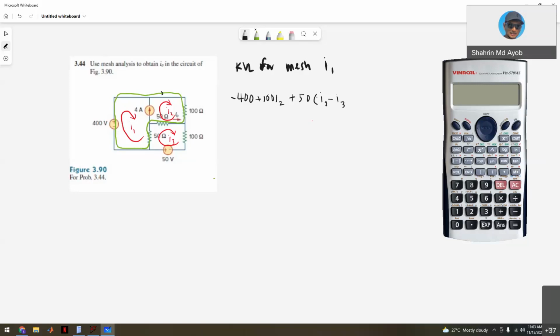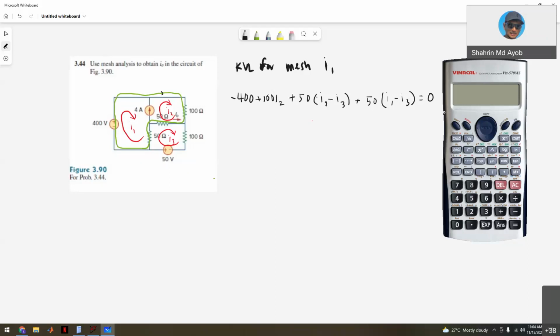So we write down 50 (I2 minus I3). Then we go down to the other 50 ohm, where there are 2 mesh currents, I1 and I3. Since we are concentrating on I1, which is in the supermesh, we write I1 minus I3. This is equal to 0.